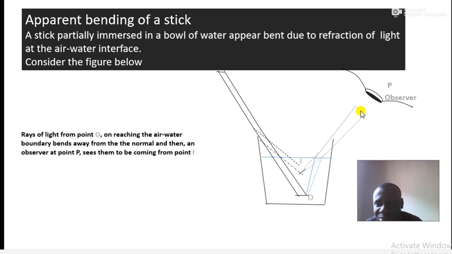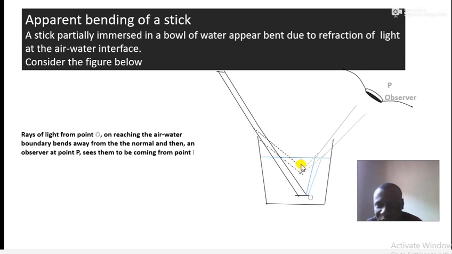Now, when these rays of light are bent from the actual path, and we project the rays back into the water, the two rays will intersect at some point I. The point where the two rays that actually emanated from the water intersect backwardly inside the water, at that point an image of the object will be formed, that is at point I.